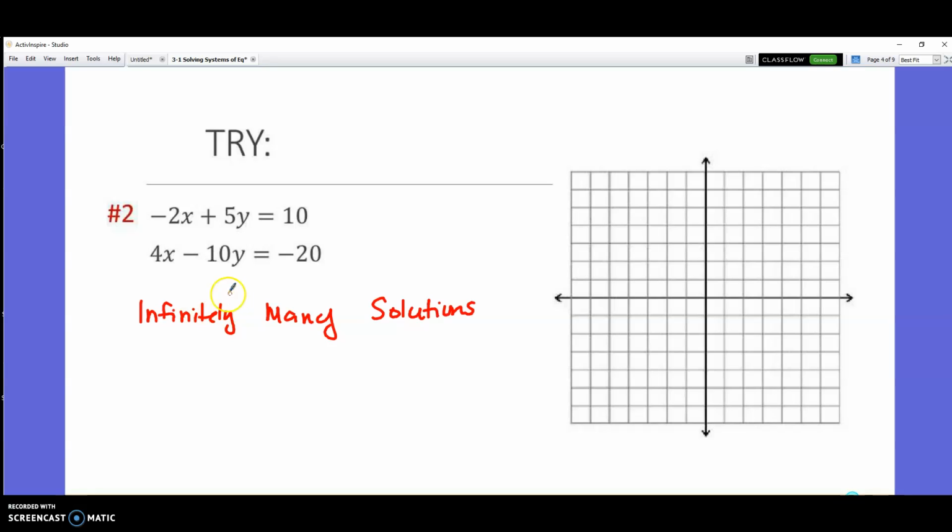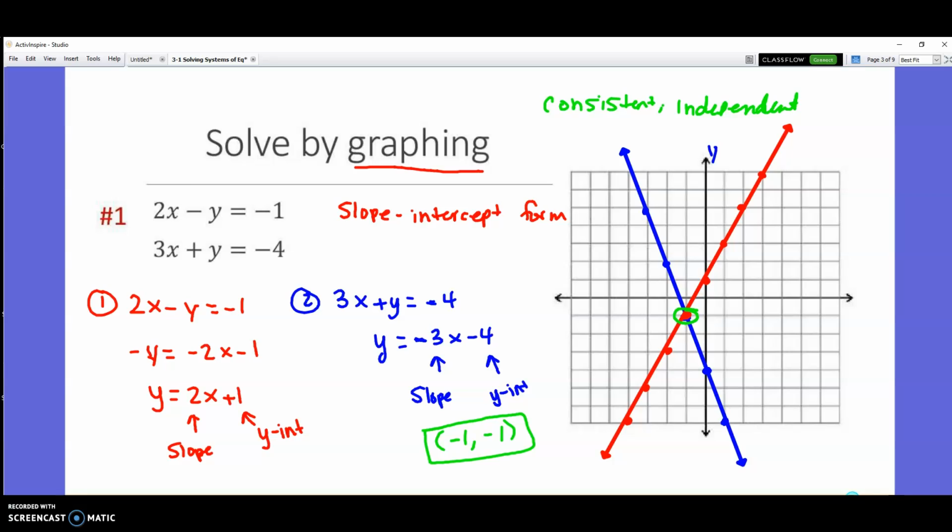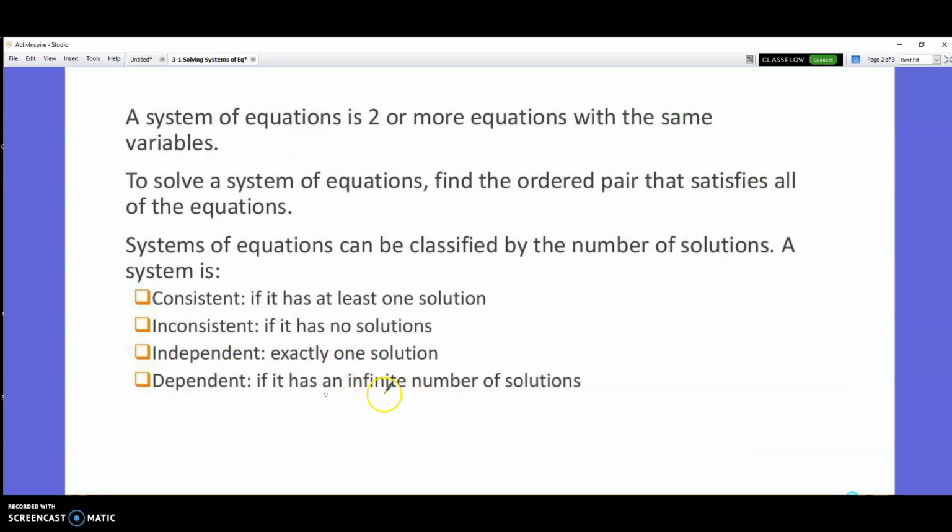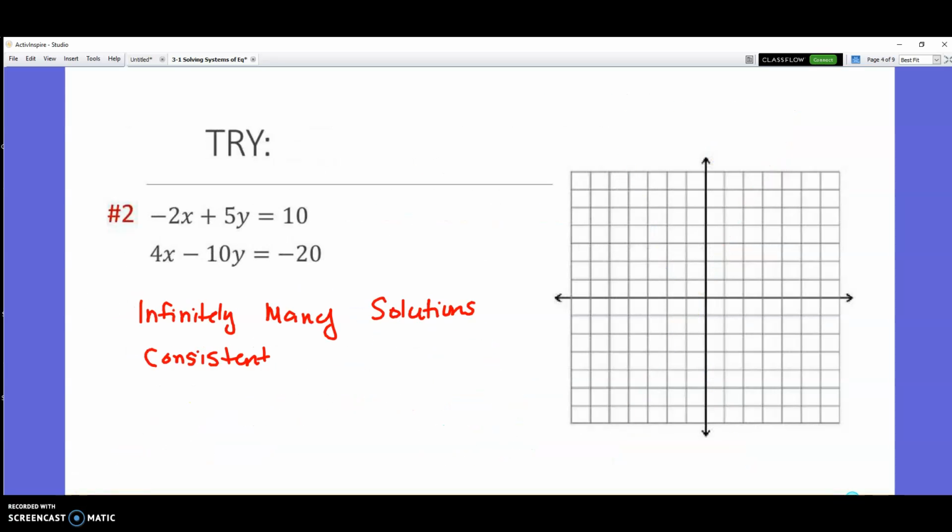If it has at least one solution, it is consistent. And if it has infinitely many, then we consider that dependent. So this is consistent and dependent.